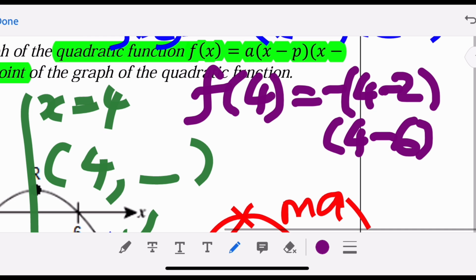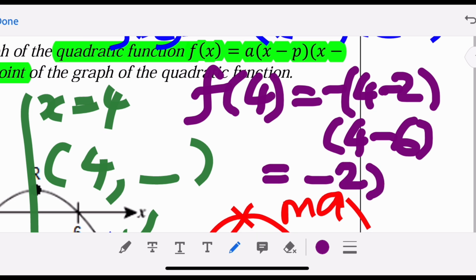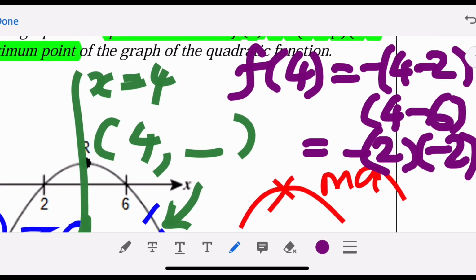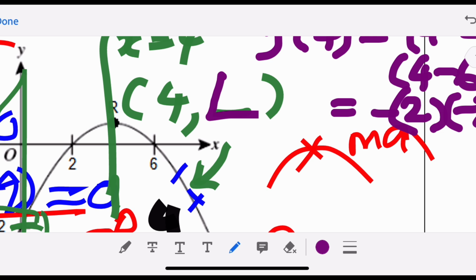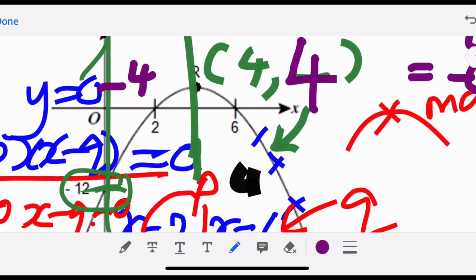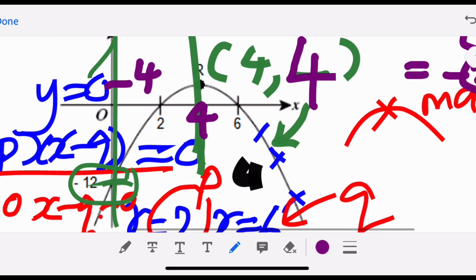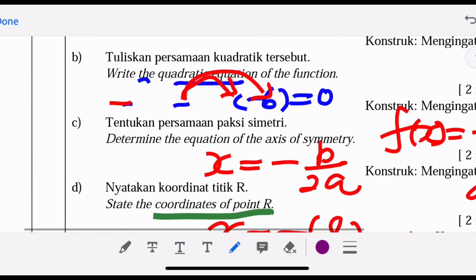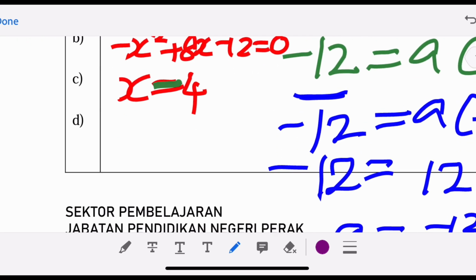So you multiply, you have -2 times -2. Negative and negative become positive, so this is 4. So the maximum point obviously is positive 4, and here is 4. Alright, so you can say the maximum point is at point R, (4, 4).